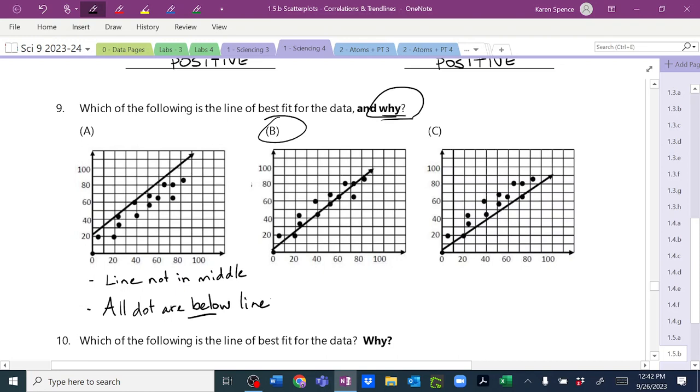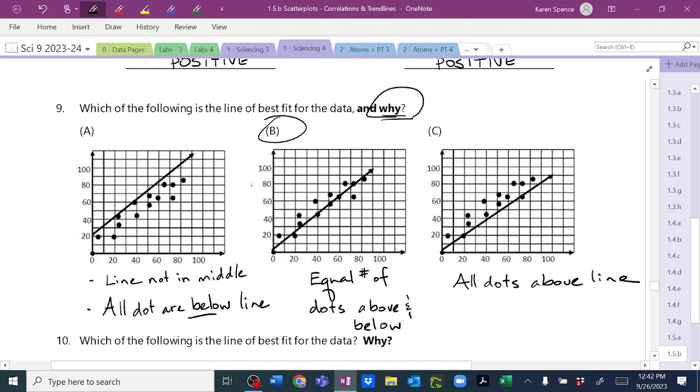Why not C? Yes. All the dots are above the line. And in B, we have an equal number of dots above and below.